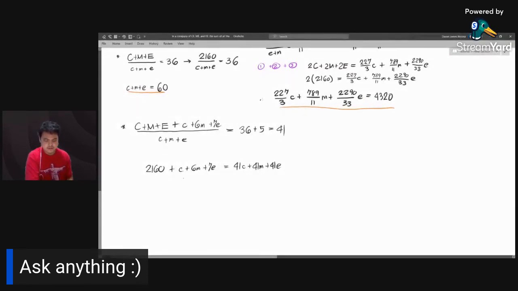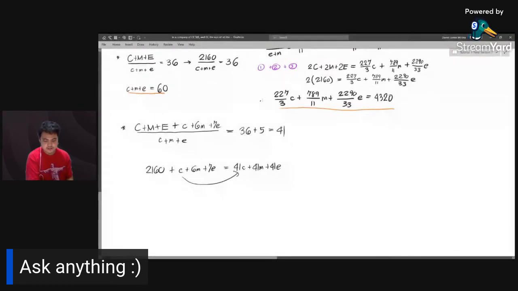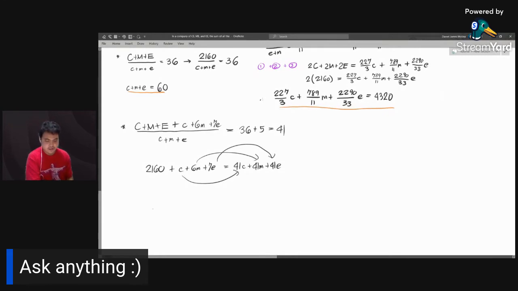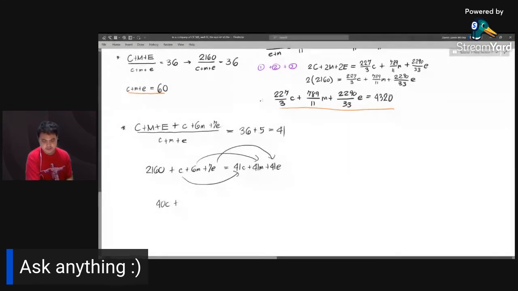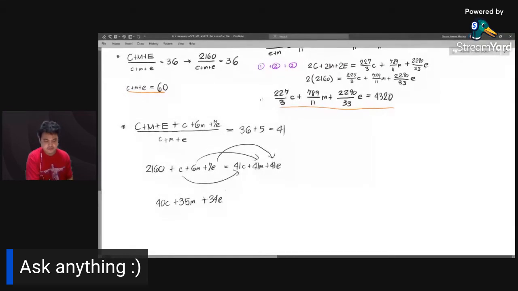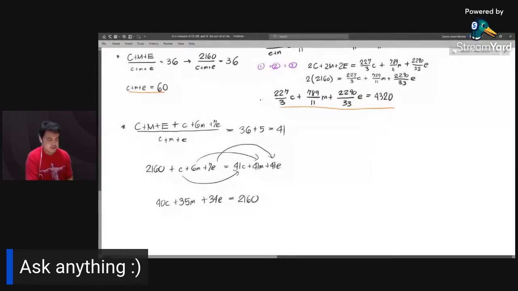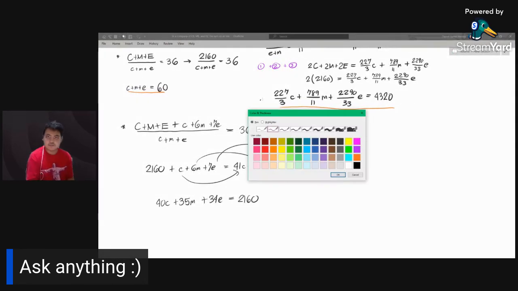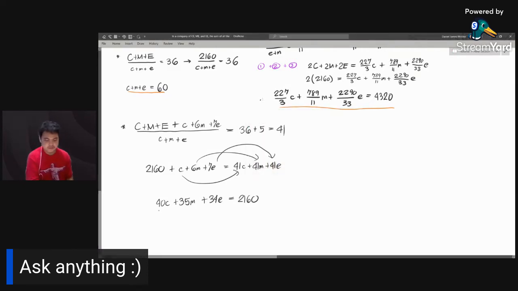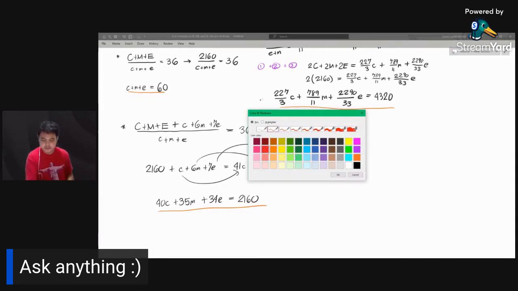Okay, tapos siguro mga yan, no? Puro simplify yan. So, magiging equation natin, we have 40C plus 35M plus 34E is equal to 2,160. Yun, third equation natin to. So, ilan yun? We already have 3 equations for 3 unknowns.